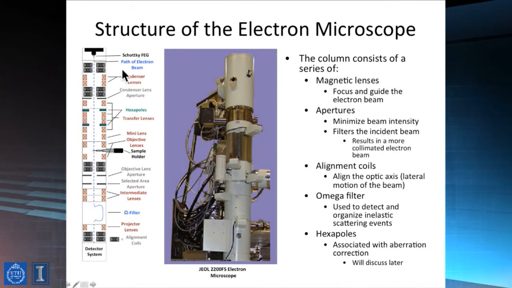And that's shown here schematically in terms of what the layout of components are. And basically what you see is the following, right? There's a place where we generate the electron beam. There's things that are used to form that beam. There's things that are used to actually provide one level of magnification. There's things that are used to provide another level of magnification. And finally, we get to a place where there's things that exist to provide another level of magnification.